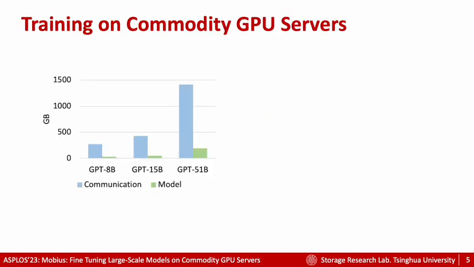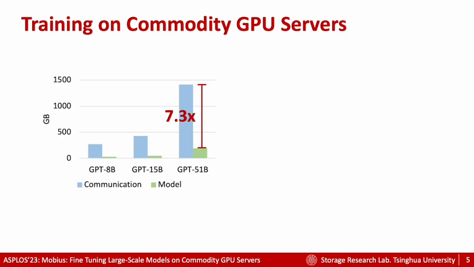Unfortunately, existing large model training systems' communication pattern mismatches with commodity GPU servers' scarce communication resources. We collect communication traffic when fine-tuning some models using DeepSpeed on a commodity GPU server with 4 GPUs. DeepSpeed generates communication of 7.3 times the model size in one training step.